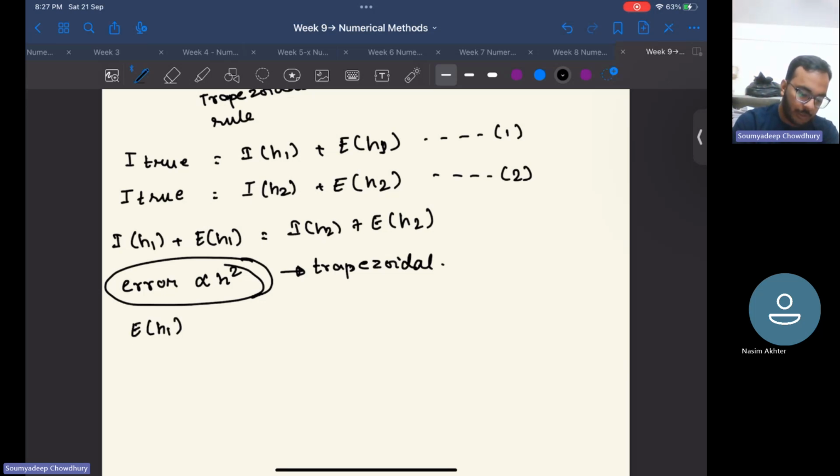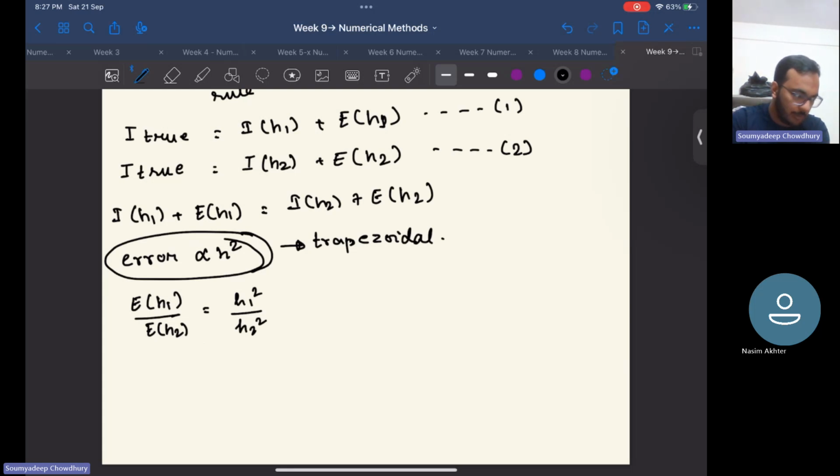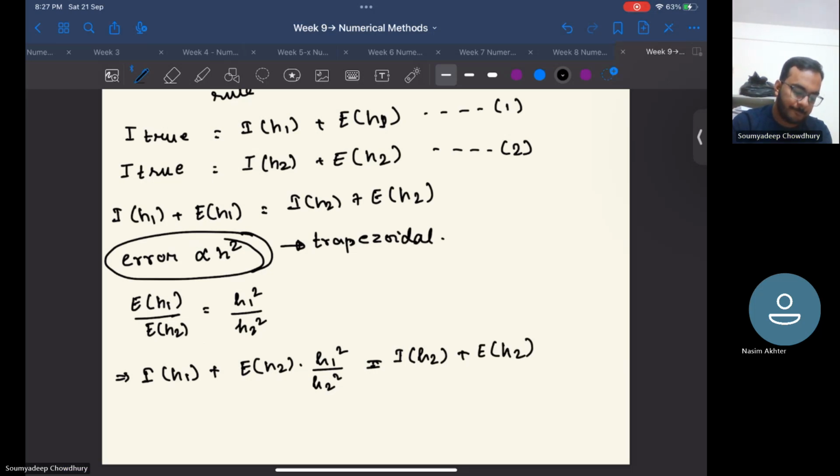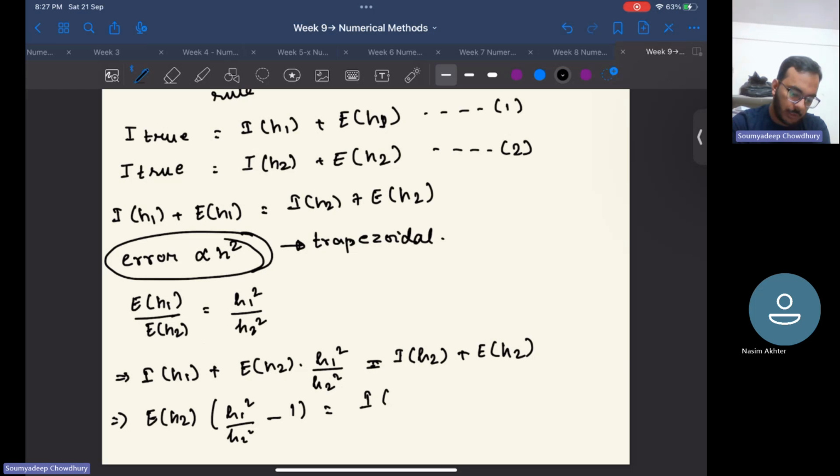So what we can write, E of h1 by E of h2 equals h1 square by h2 square. So now if we substitute this here, in place of E of h1, I am substituting E of h2 into h1 square by h2 square, equal to I of h2. So then we will get E of h2 into h1 square by h2 square minus 1 equals I of h2 minus I of h1.